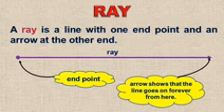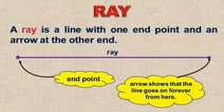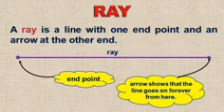Examples of a ray are light coming from the sun and light coming from a torch. So in simple language, a ray has a definite starting point like the sun and the torch, but goes infinitely in the other direction.